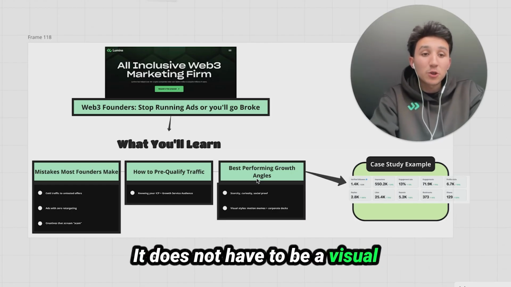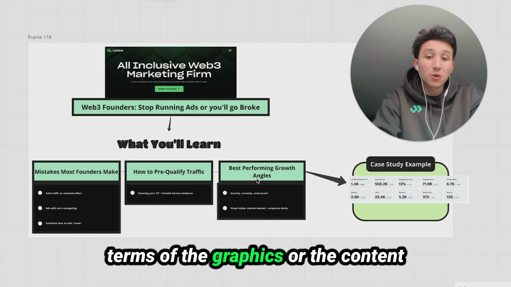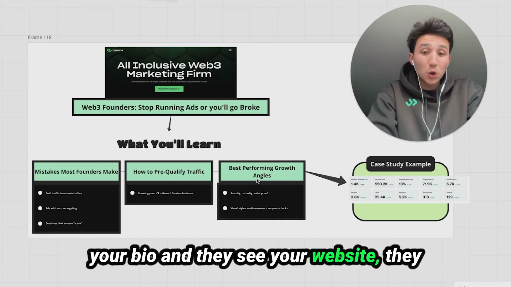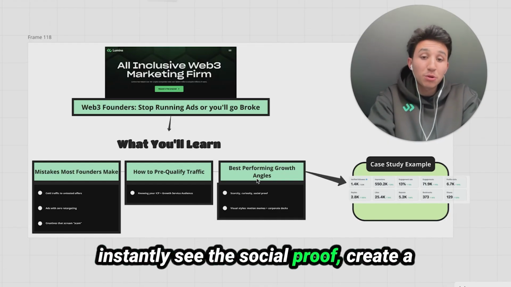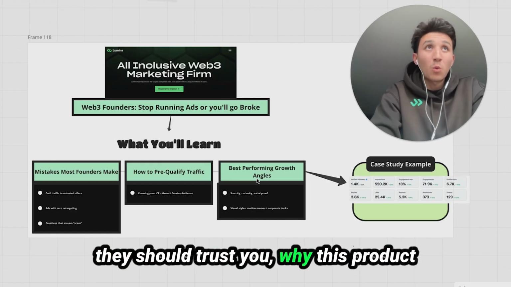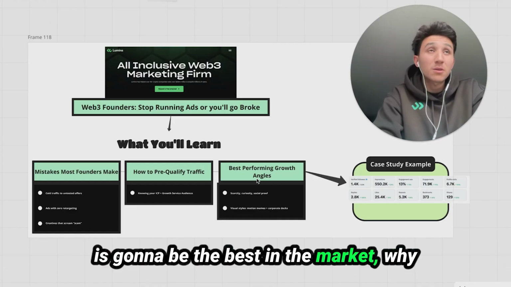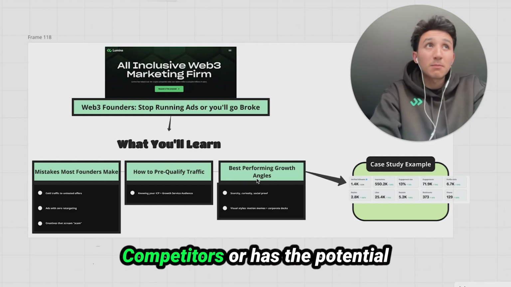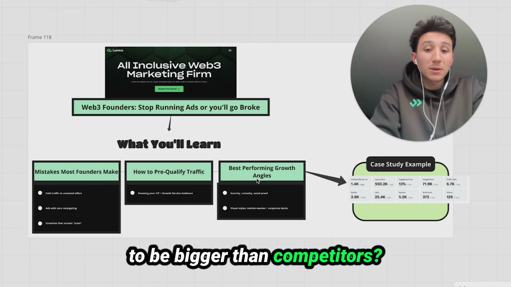Does not have to be a visual presentation or deck, but I mean in terms of the graphics or the content you use, or when someone clicks on your bio and they see your website, they instantly see the social proof. Create the social proof around your brand on why they should trust you, why this product is going to be the best in the market, why the team building this is extremely trustable, why the brand is bigger than competitors or has the potential to be bigger than competitors.